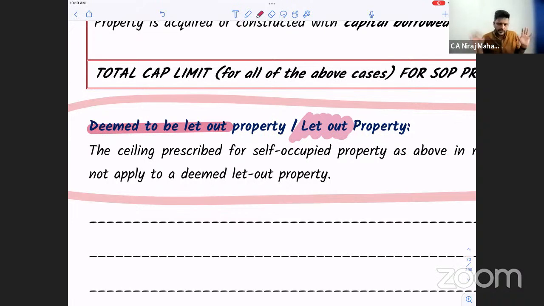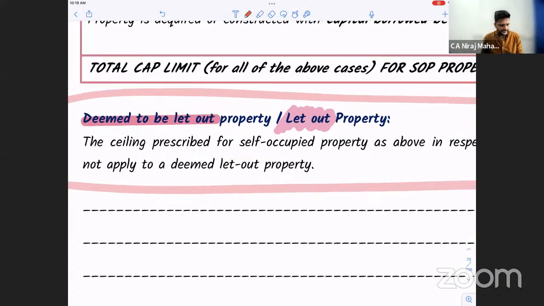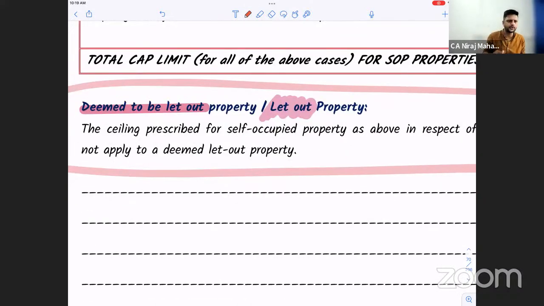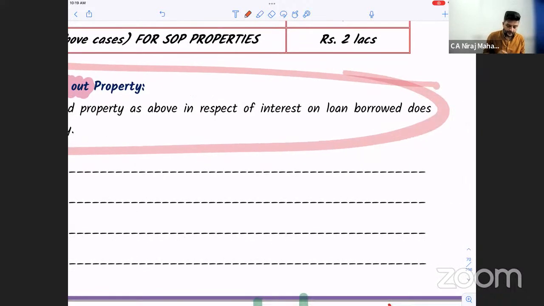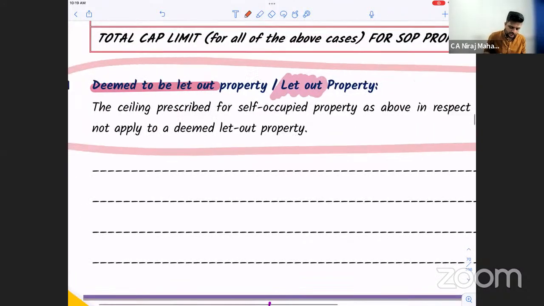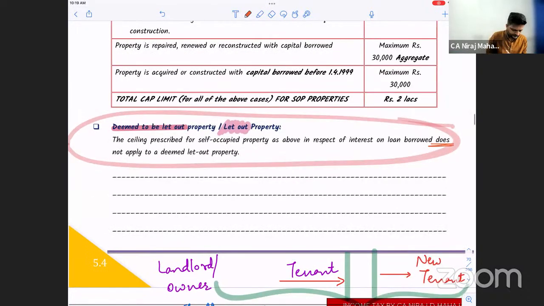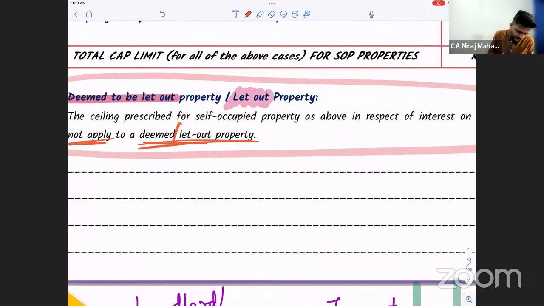That's why they are saying you allow interest without any limit. I'm talking about interest on borrowed capital. The ceiling limit, whatever we have for SOP, self-occupied properties, in respect of interest on borrowed loan, does not apply to a deemed, or even a let out property.